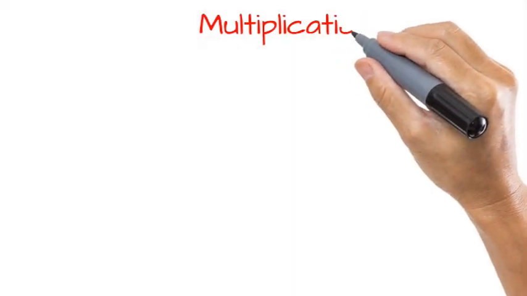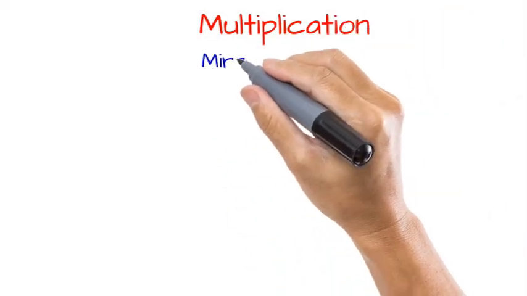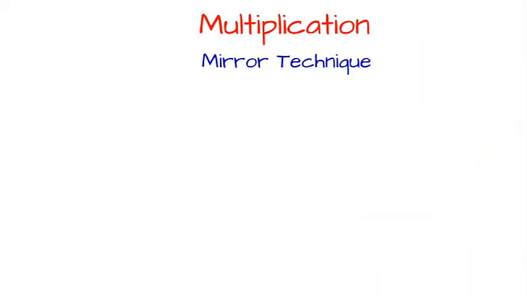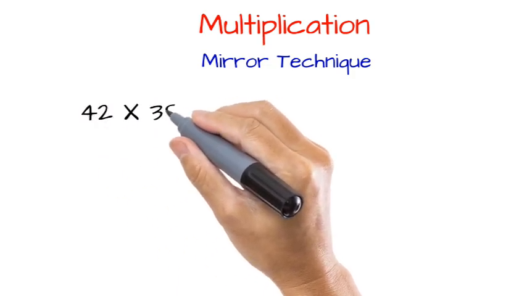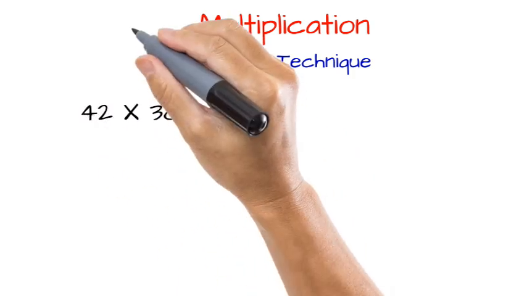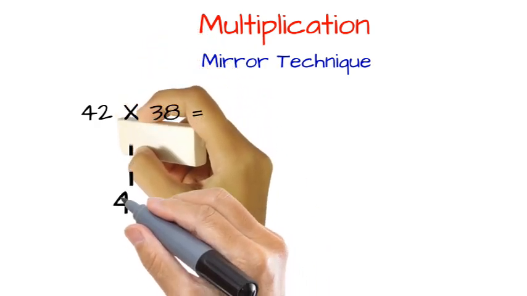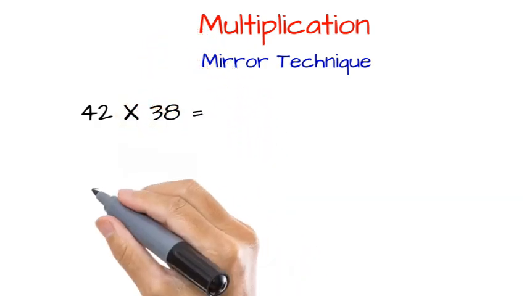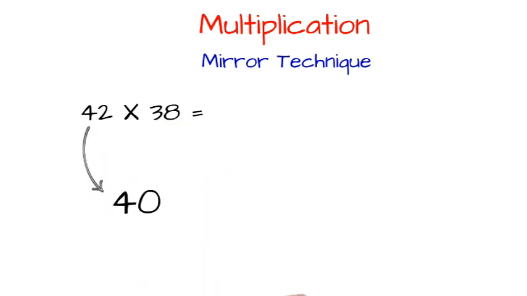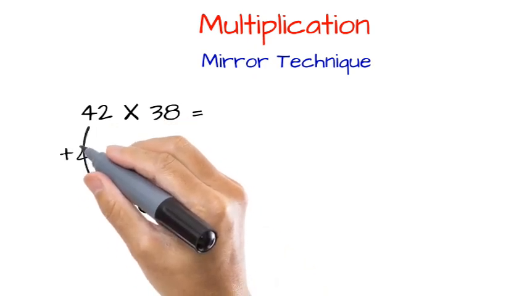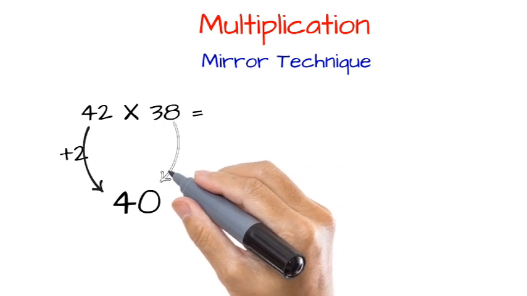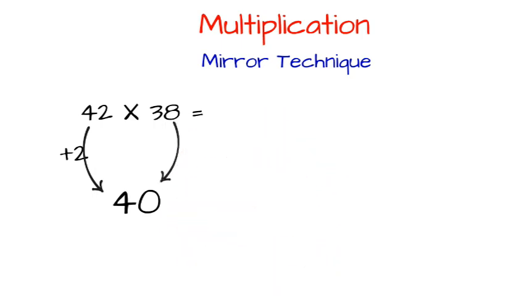So let's give another example for the same mirror technique, which is 42 times 38, which is mirror about 40. So the difference is 2 here: 42 minus 40 is equal to plus 2, and 38 minus 40 is equal to minus 2.